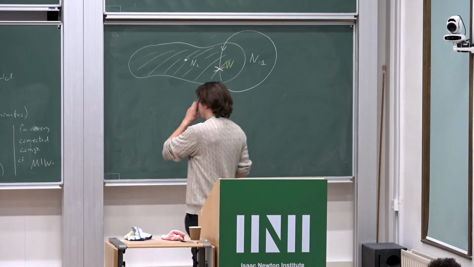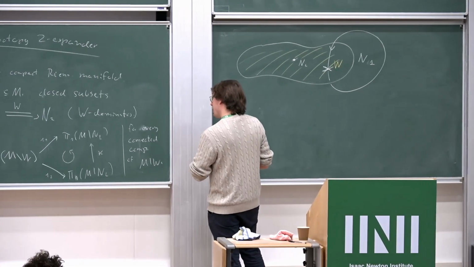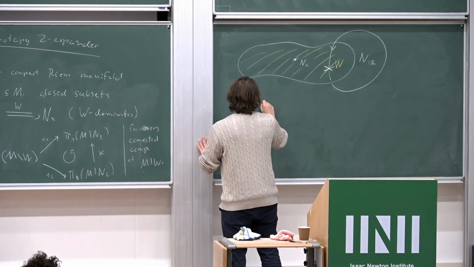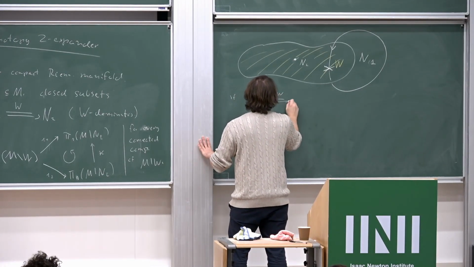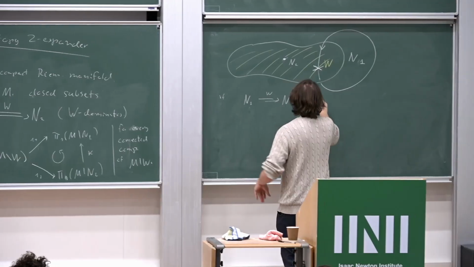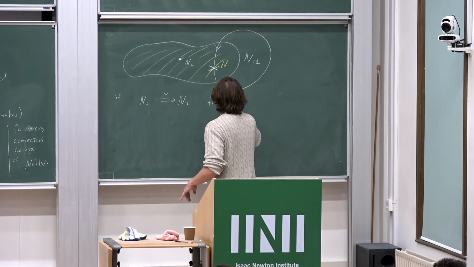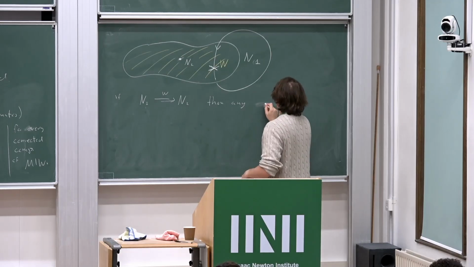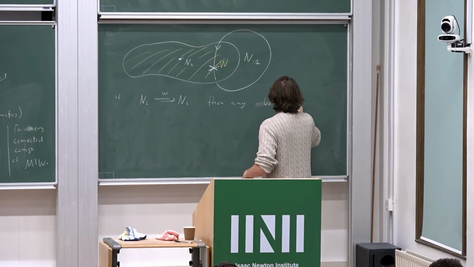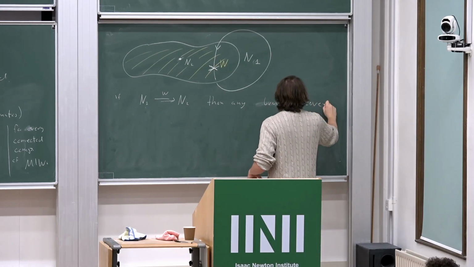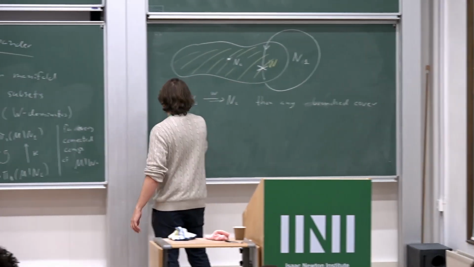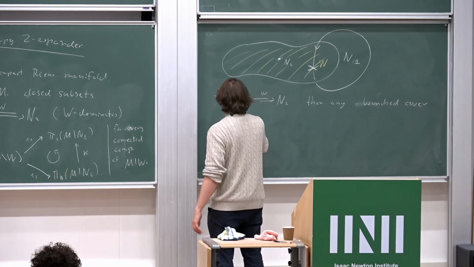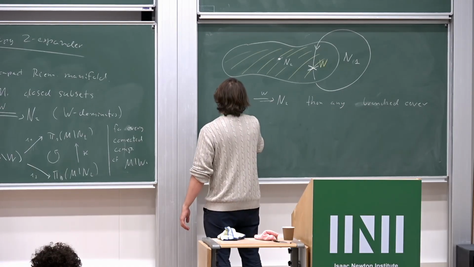Another type of intuition that we'd like to have is that if N1 W dominates N2, then any cover, any branched cover around, okay, with branching locus.